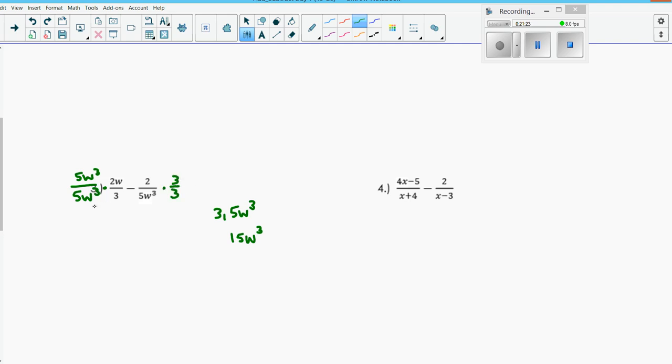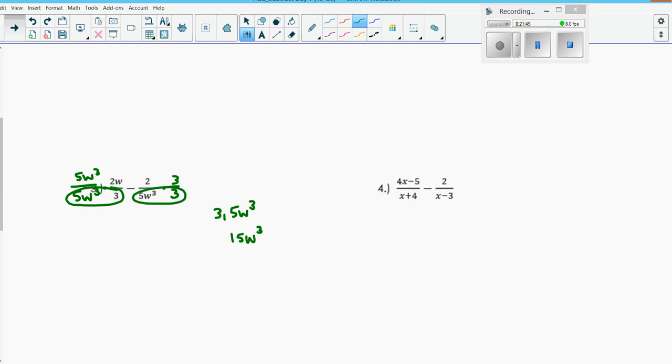Okay, I want to double check: if I multiply those together, that would give me 15w cubed, and if I multiply these together, that gives me 15w cubed. Make sure your denominators are the same, so that then you make sure that your numerators make sense. If the denominators aren't the same, then the whole problem is going to be wrong anyways.